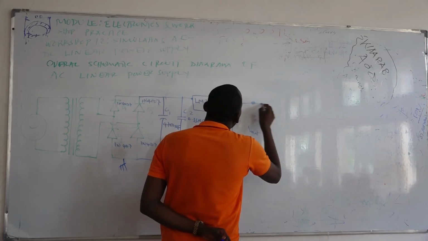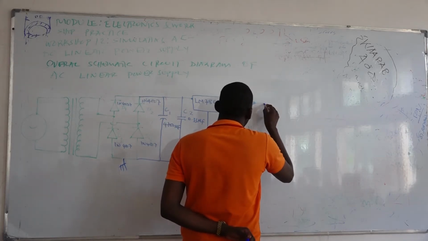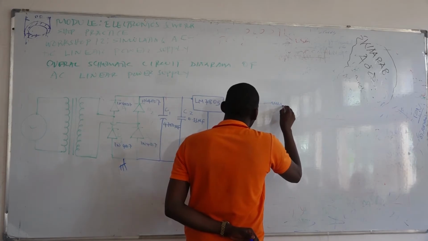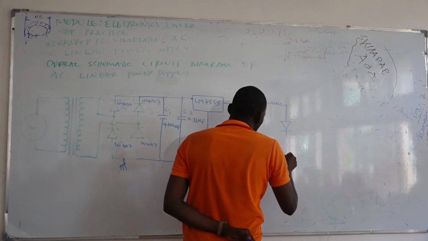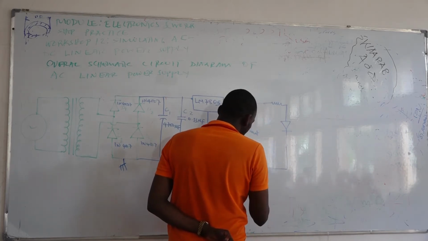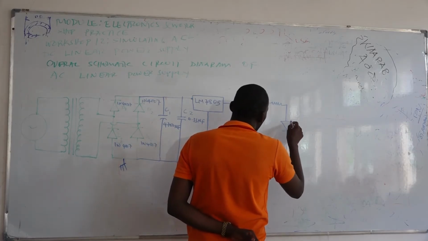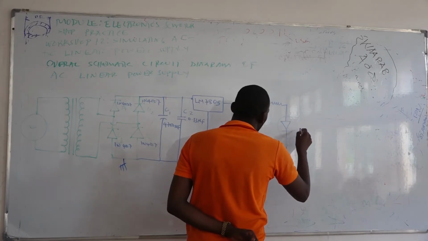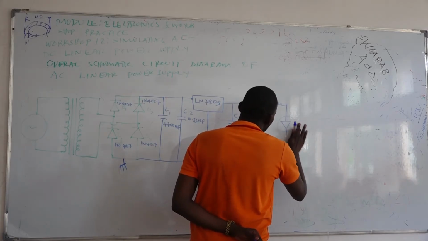But we also need the power indicator circuit, for which you usually use a light emitting diode to indicate whether our linear power supply works or not. So here we need a light emitting diode.